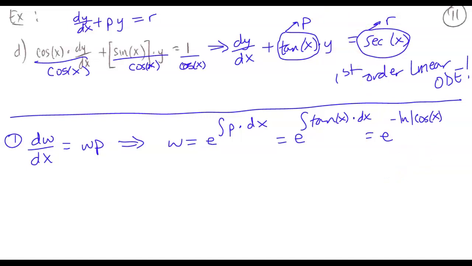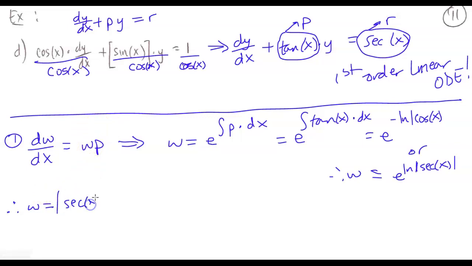So it just depends upon what you feel more comfortable expressing it as. You can use either one of these two. Personally, I'm just going to leave it as secant here because I don't want to forget about the minus sign that may be here. So therefore, w is e raised to the natural log of absolute value of secant.